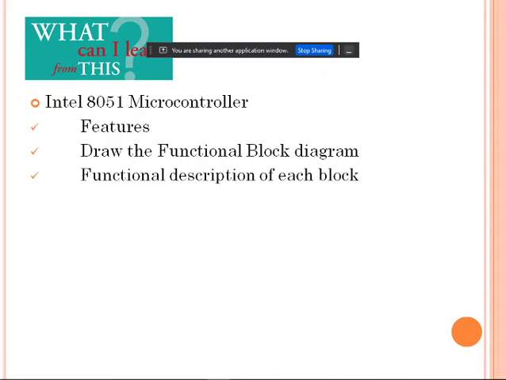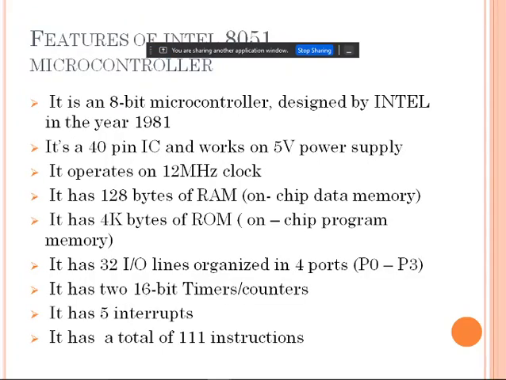Instead of going into detail about the circuits, we'll divide the circuit into a number of important blocks, see the functional block diagram, and describe the function of each of those blocks in this lecture.